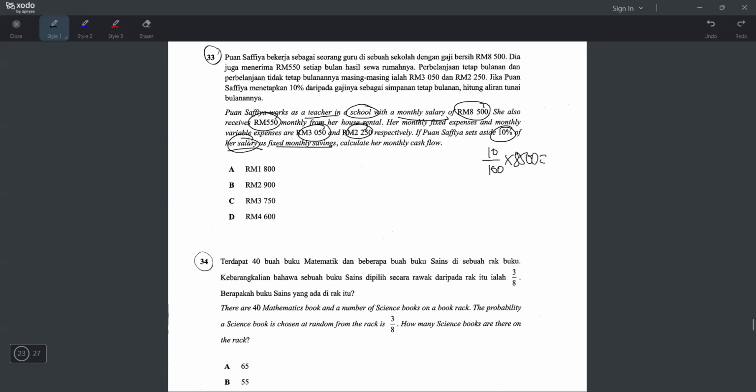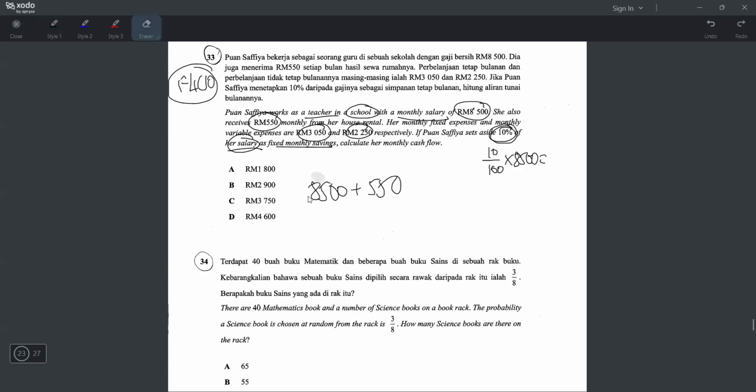Hey, you have to read carefully, because if you look at your textbook, this one is from Form 4 Chapter 10, by the way, the last chapter from Form 4. And if you look at your textbook, dia ada soalan where the 10% savings is not from the salary one. Sometimes it's 10% from the total income. It means you have to take 8,500 plus 550, then only you have to times with the 10%.